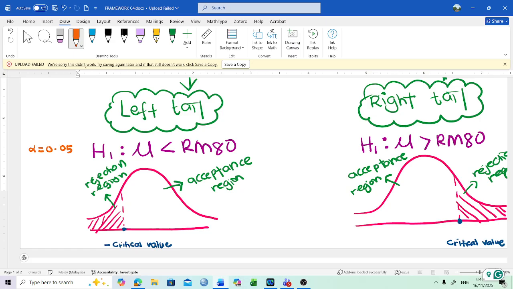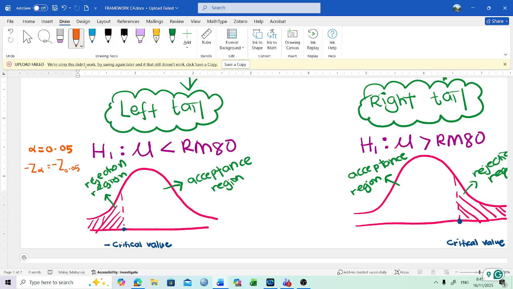For this one, it is on the left side, so the critical value will be a negative number. So to find the critical value, negative Z alpha, equal to negative Z 0.05.